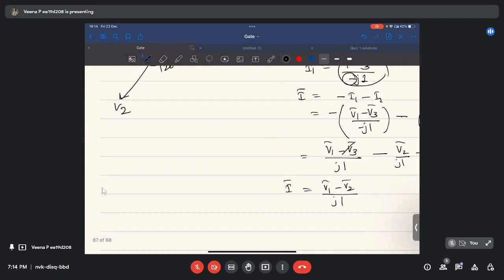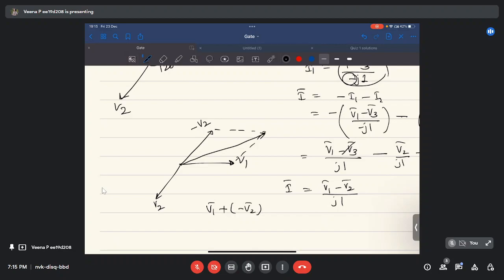Now to solve V1 minus V2, let us use the help of a phasor diagram. So V1 is this and V2 is lagging V1 by 120 degree. V1 minus V2 is same as V1 plus minus V2. So minus V2 will be here. It will be 180 degree apart from V2. So this is minus V2. V1 plus minus V2, we are adding both phasors.